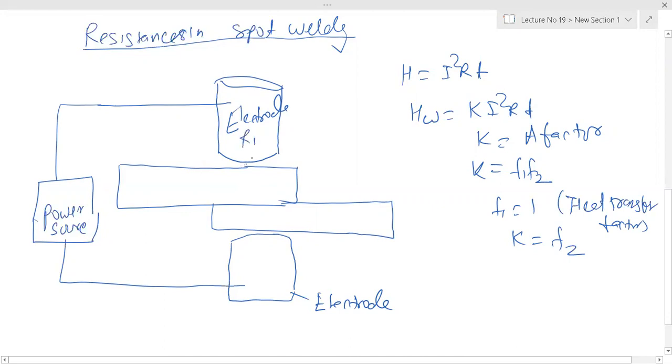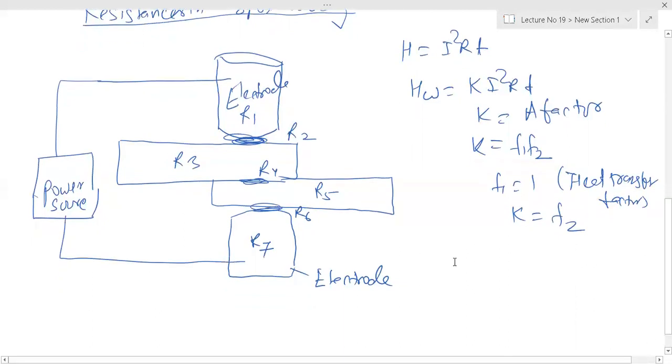Now we discuss this is R1, this contact resistance R2, then this R3, then again contact resistance R4, material resistance R5, then this contact resistance R6, and then R7. Basically, we have a total of 7 resistances.